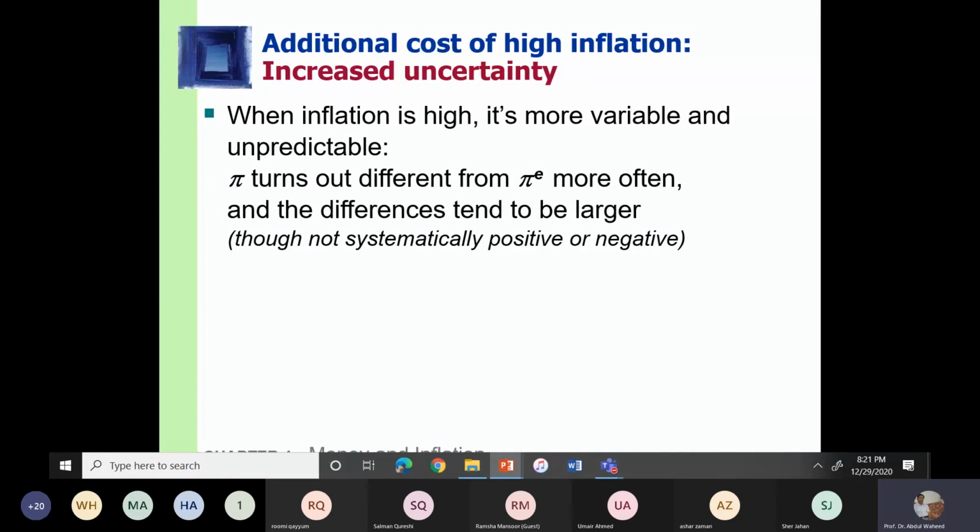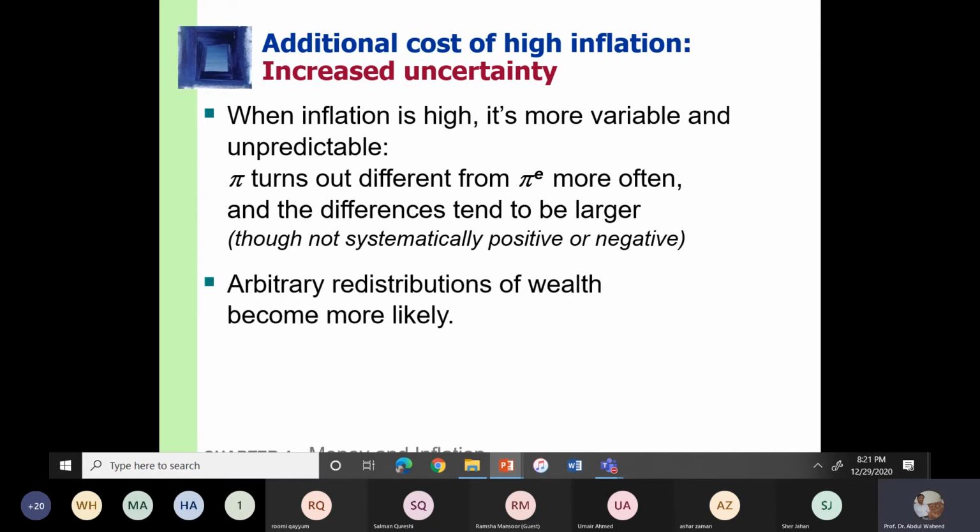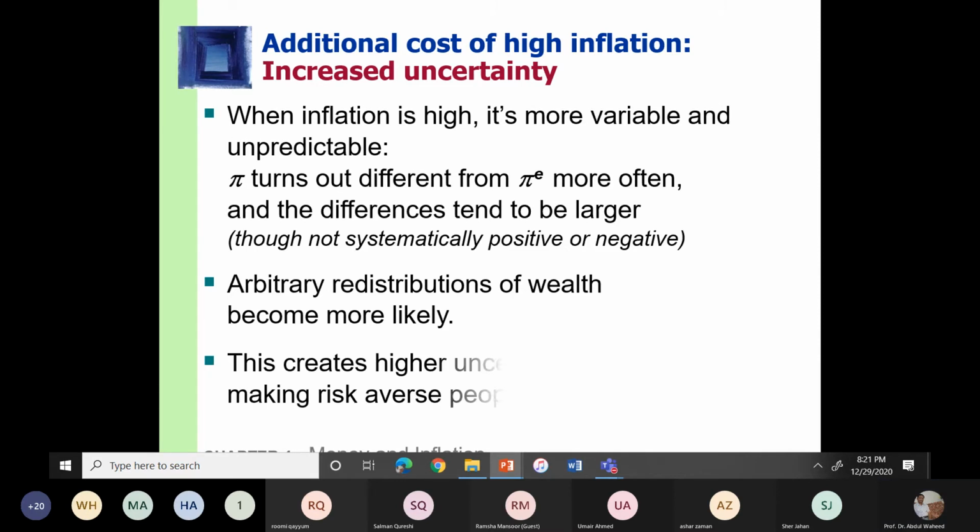And the actual inflation turns out to be different from expected inflation more often, and the differences tend to be larger. So there will be arbitrary redistribution of wealth, just like we discussed for the borrower and lender, from borrower to lender or lender to borrower, and this creates high uncertainty.